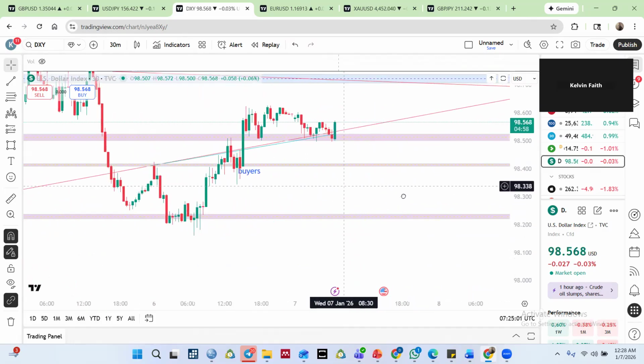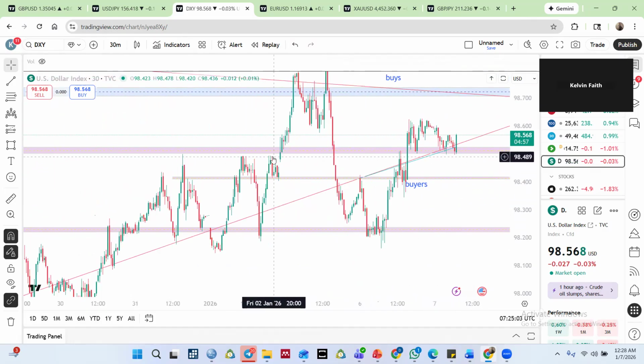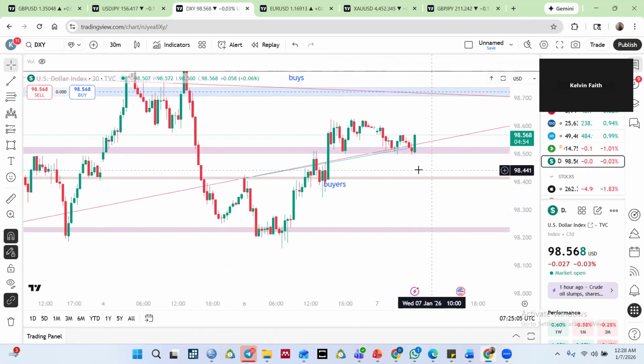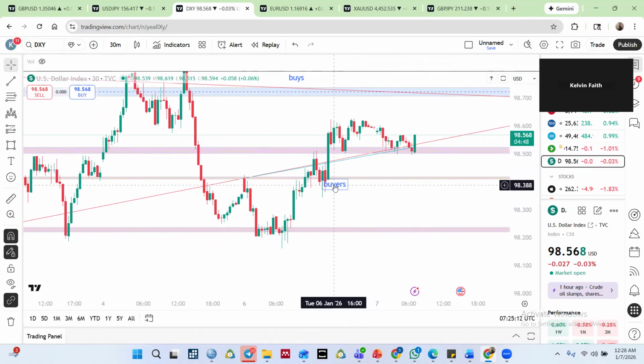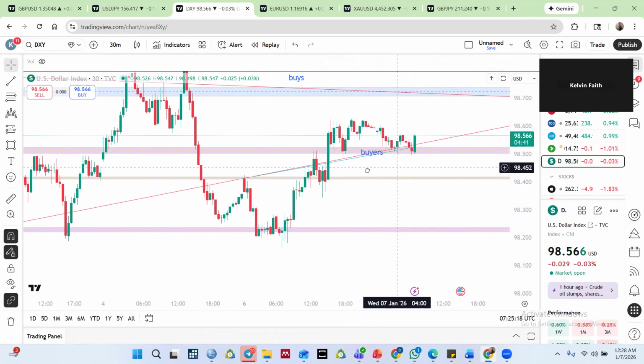From 30 minutes, it looks like this area is still being respected. Looks like this area is really forming a very clean support. So it means currently we have buyers very active around this area.